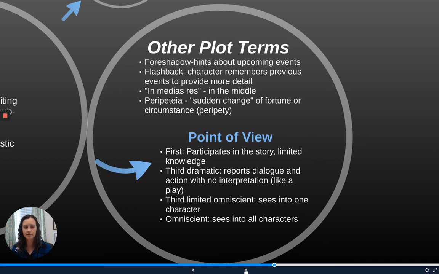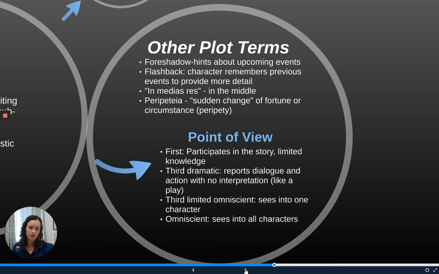Also be sure you understand point of view. First person is when the character is the one telling us the story. We have very limited knowledge of anything outside the character's knowledge. Third, dramatic. It sounds like straight dialogue and action, but there's no interpretation, no narrative that goes with it. Typically, this is what we have in plays, so we won't see that much in short stories.